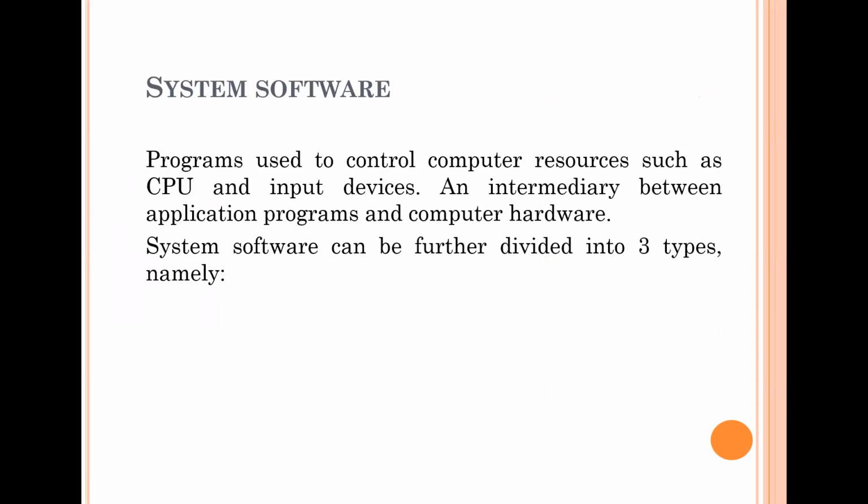Okay, we continue with the system software. Programs are used to control the computer resources such as the CPU, right? If we talk about software, then we would like to relate it to the program that helps to control the computer resources or the devices related to the computer, as an intermediary between the application and the computer.